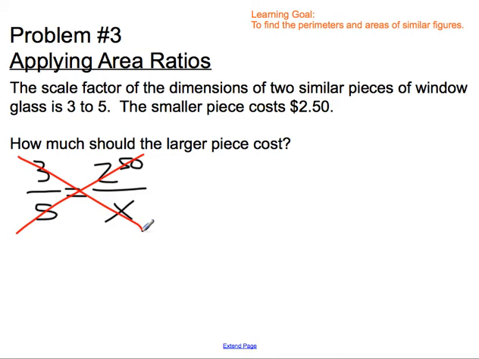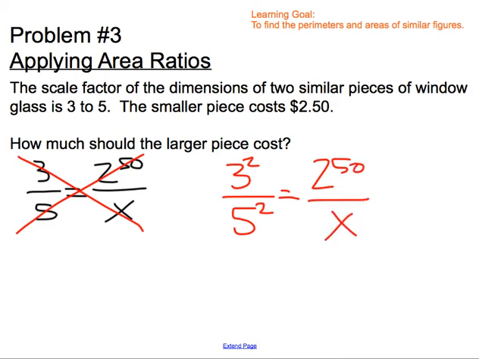Glass is usually priced based on its area. So the true proportion that we want to set up is 3 squared over 5 squared is equal to $2.50 over some value x.